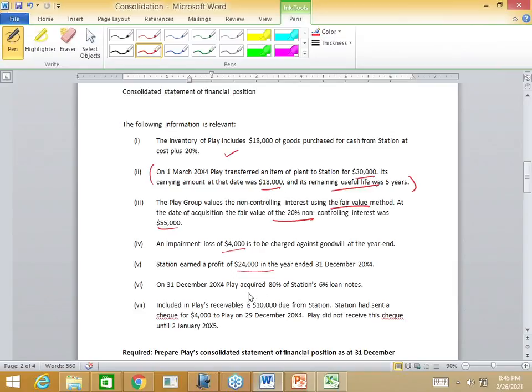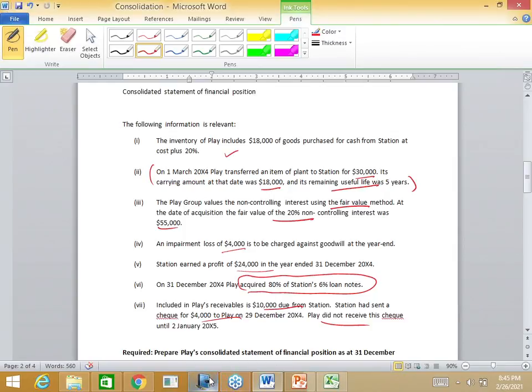And Play acquired 80% of Station, 6% loan. That is the information related to other investments of the parent company, including Play's receivables of 10,000 due from Station. Station has sent a check of 4,000, so there's a concept of cash in transit.